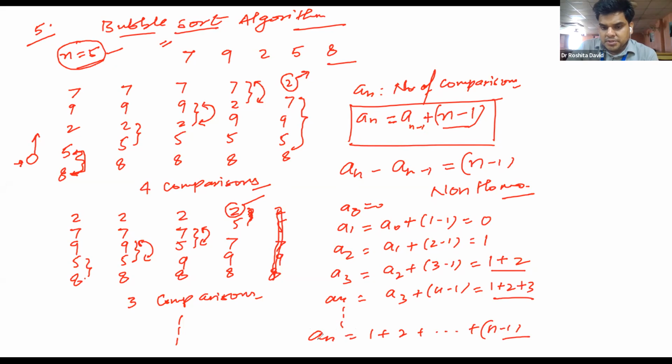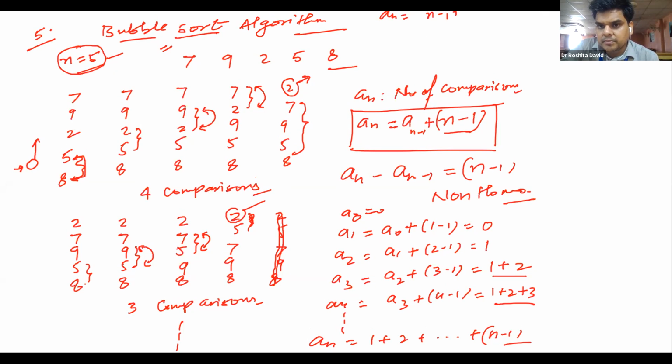Okay, so you know this a_n now. You know the sum of n terms is n(n+1)/2. So in place of n, I will write n minus 1. So (n-1)n/2.